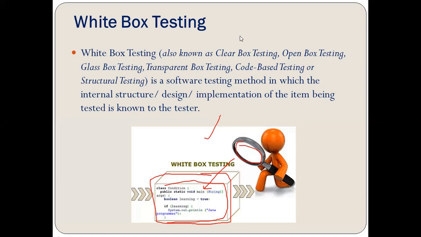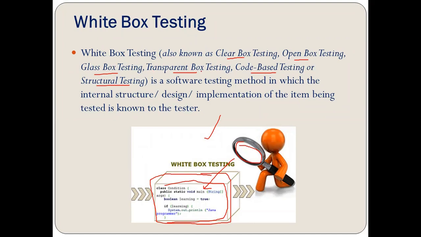Now, white box testing is also known as clear box testing, open box testing, glass box testing, transparent box testing, code-based testing, and structural testing, right? All the names suggest one thing: clear box, open box, glass box.